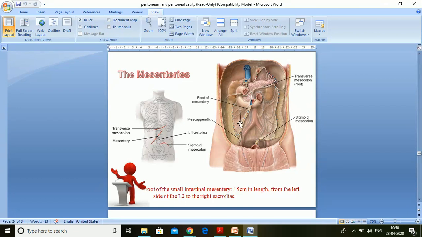It is around 6 meters in length and is thrown into a number of folds in which the intestines are attached. The mesentery contains the jejunal and ileal vessels of the superior mesenteric artery, their accompanying veins, autonomic nerve plexus, lymphatics, 100 groups of lymph nodes, and connective tissue with fat.